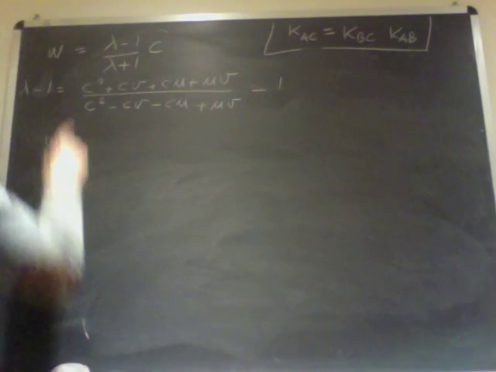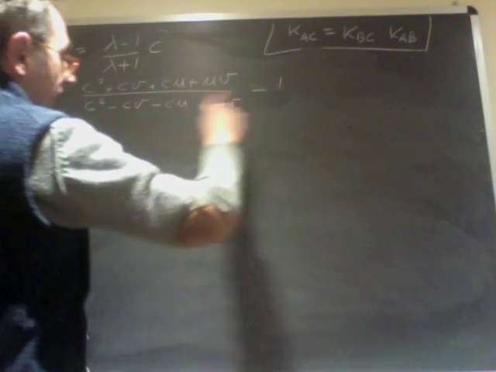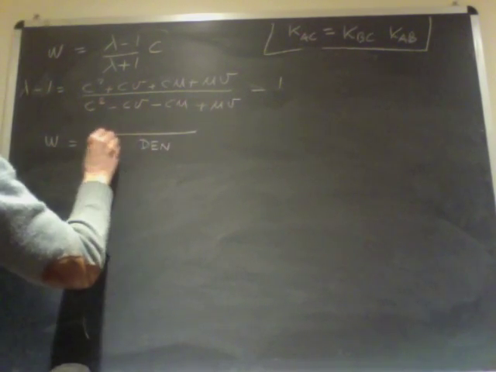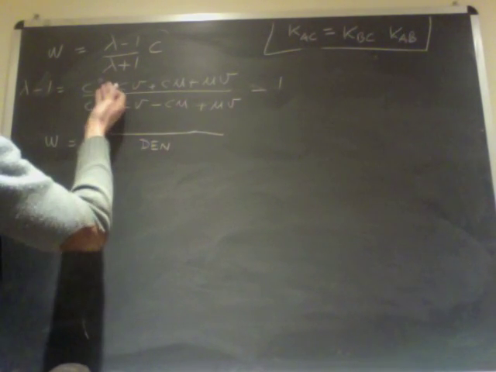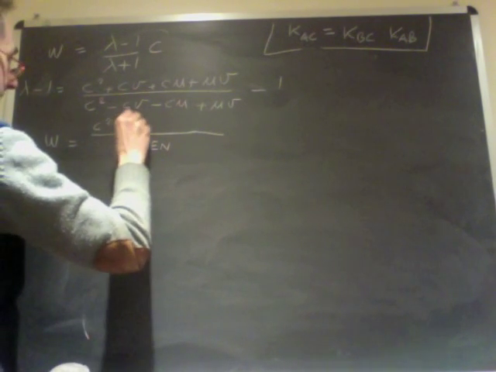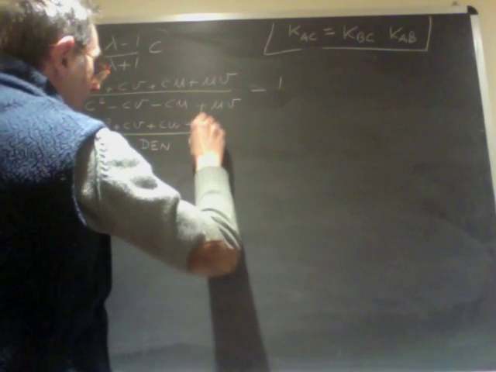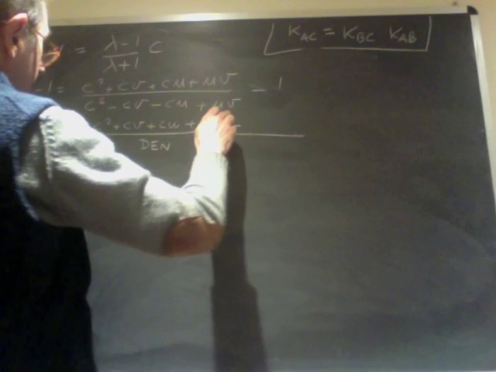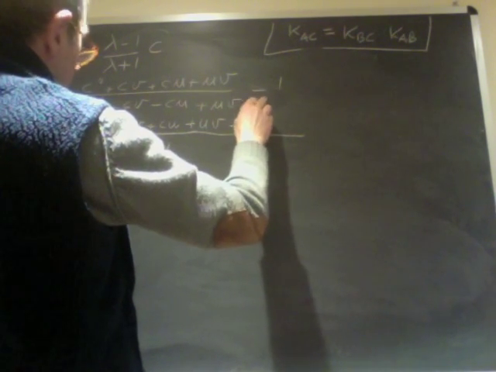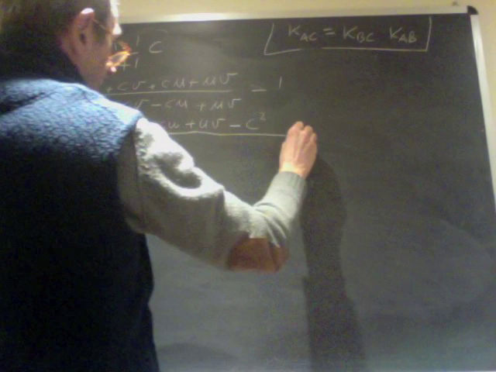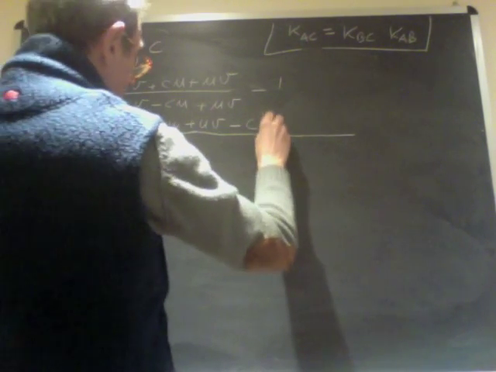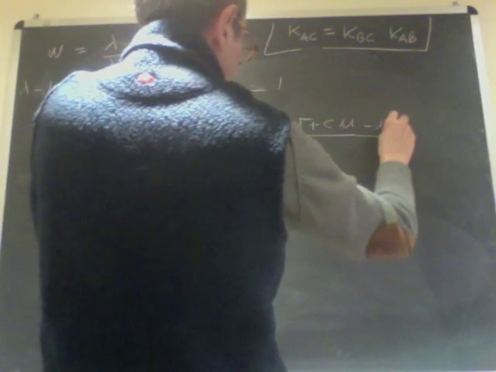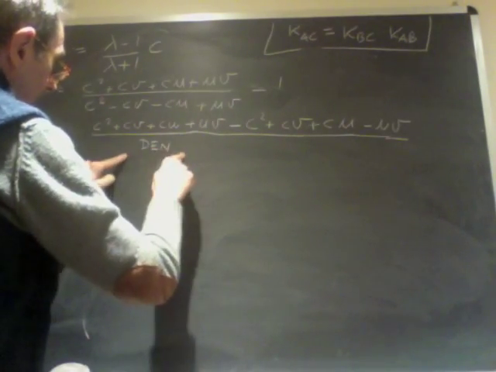Let me call the denominator D. What I've got is the numerator again, that is C squared plus CV plus CU plus UV, and then I've got minus 1 times this denominator here, that is minus C squared, then minus 1 times minus CV is plus CV, then again plus CU, and then minus UV. All divided by D, which I call that for simplicity.